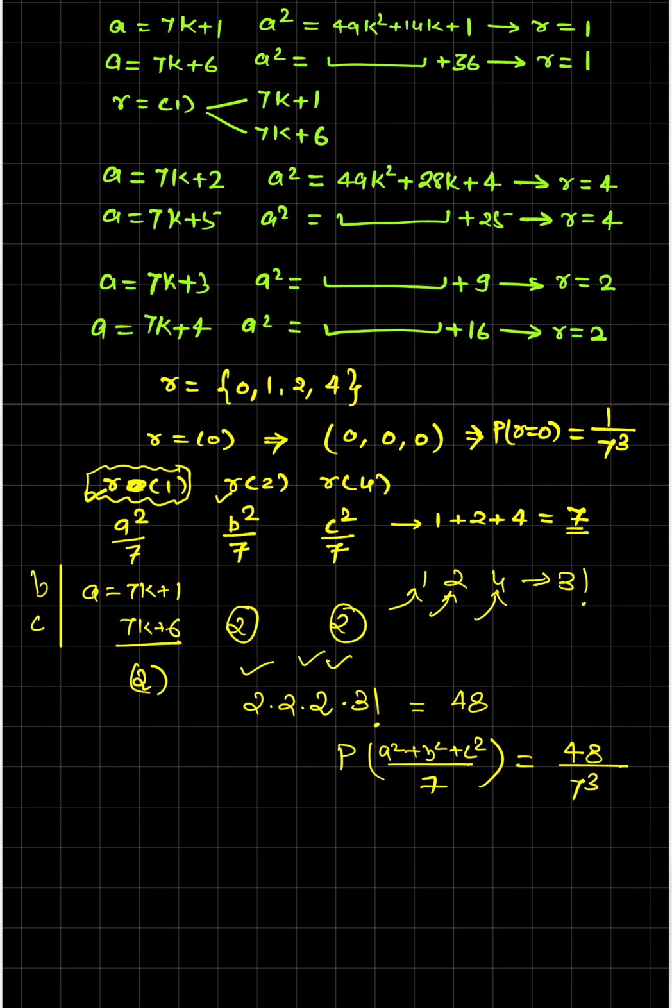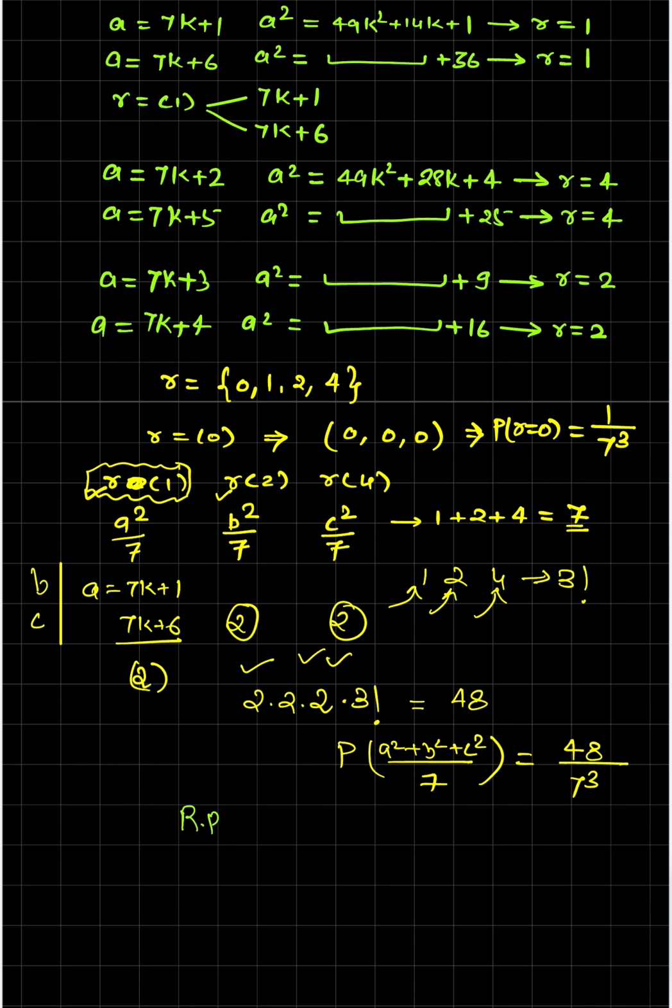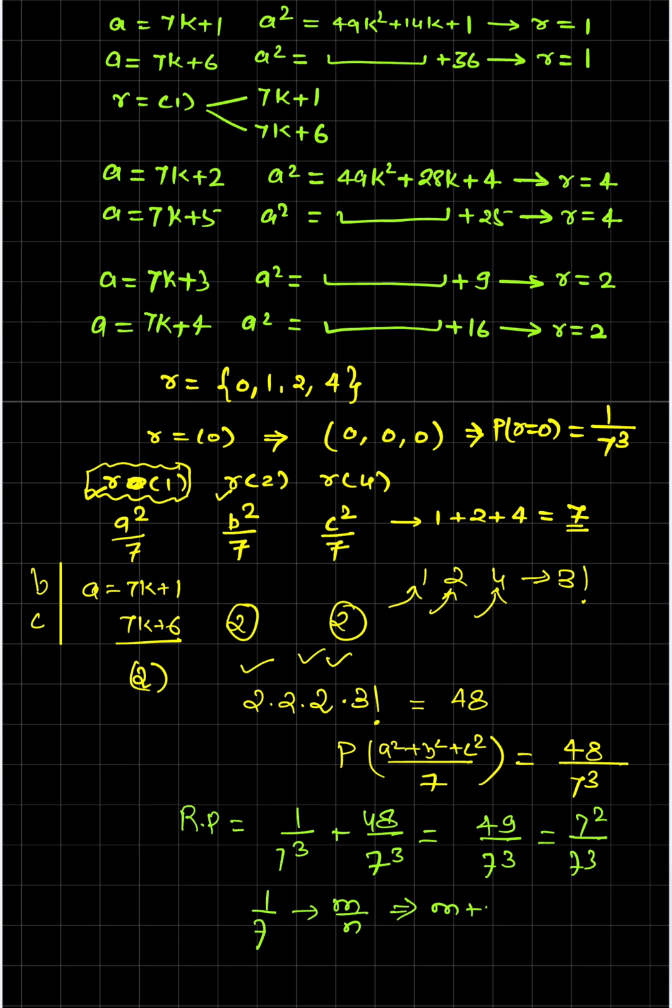So the required probability we have is 1 by 7 cube plus 48 by 7 cube, that is 49 by 7 cube. 49 is nothing but 7 square, so 7 square by 7 cube is 1 by 7, that is m by n. They are asking m plus n, so the answer is 8. So I hope this is clear.